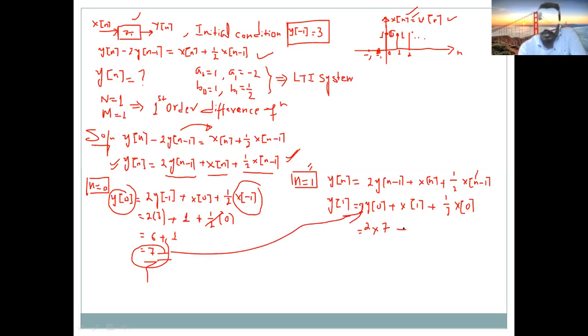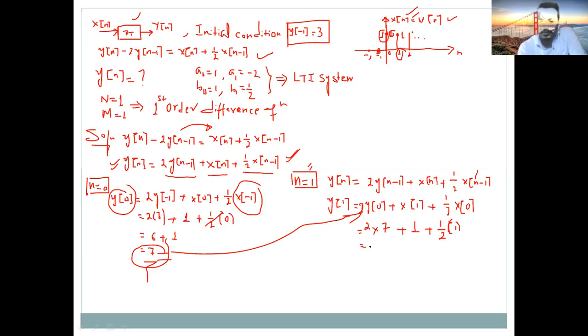So how about x of 1? Input when time becomes 1. You go to your input signal, it's unit step. Unit step amplitude is 1, plus 1 over 2, what is x of 0? x of 0 is also 1. Unit step at time 1 is 1.